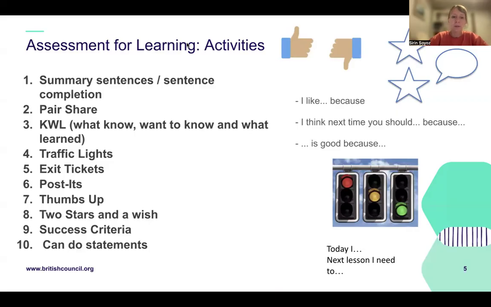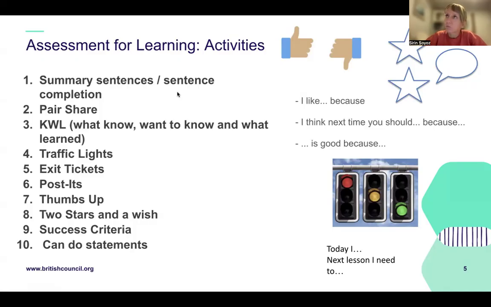Okay, so everybody is clear about all of these activities? Sirem, just to make sure about the 8th point, 2 stars and a wish. Does it mean 2 things that you understand and things that you want to learn? That could be one.